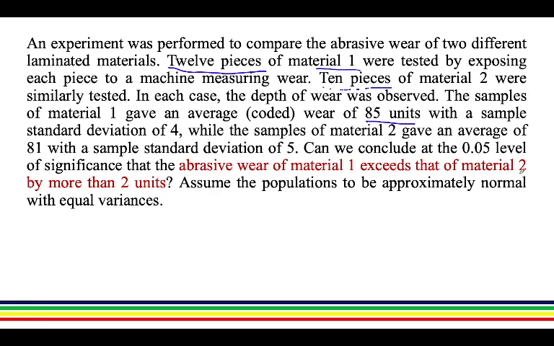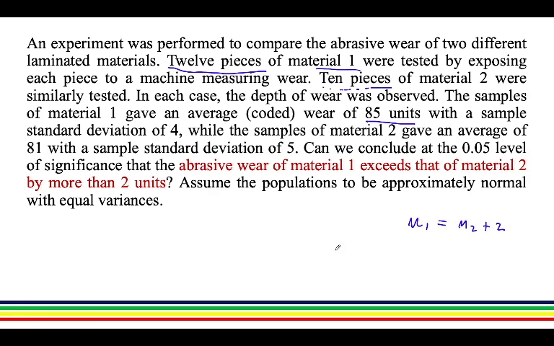So we will be using a 0.05 level of significance, testing that the abrasive wear of material 1 exceeds that of material 2 by more than 2 units. So take note of this statement. It says that the abrasive wear of material 1, which is mu1, exceeds material 2 by more than 2 units. So this should be mu1 is equivalent to mu2 plus 2.